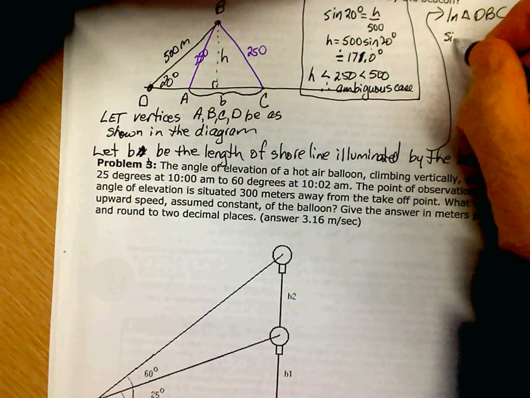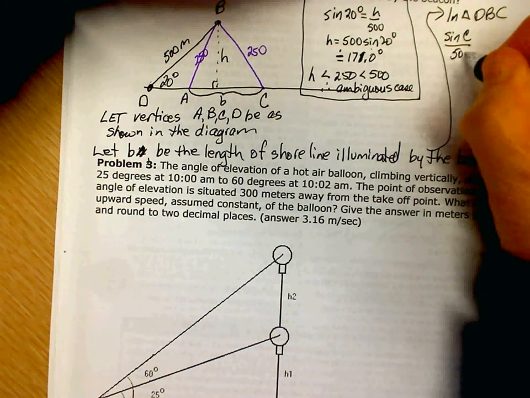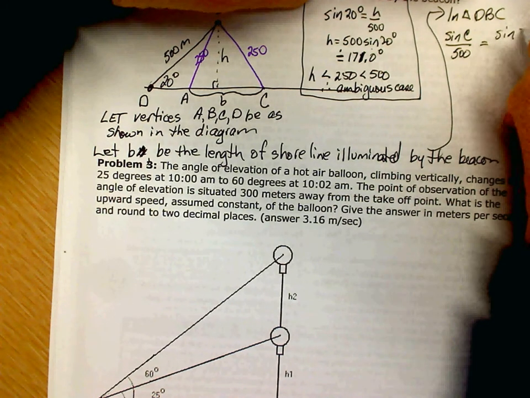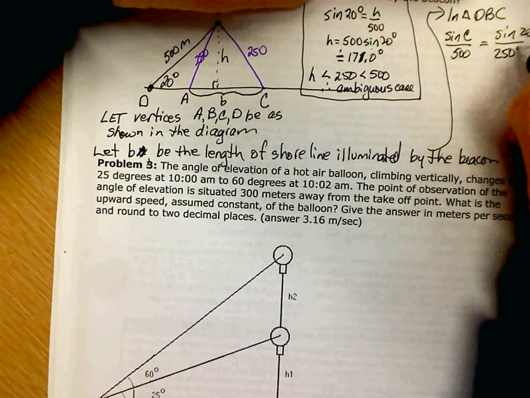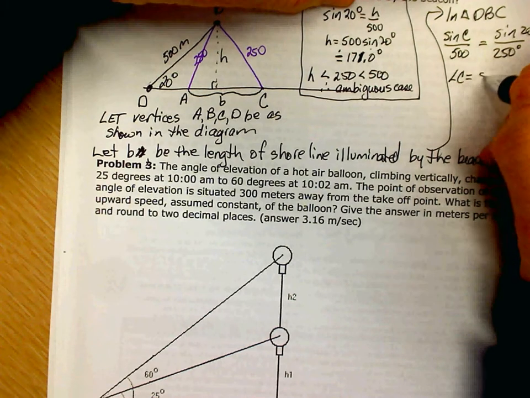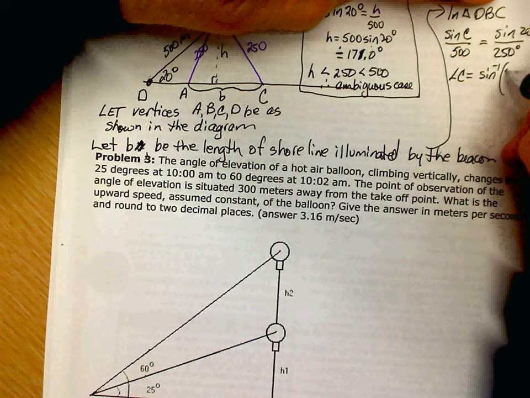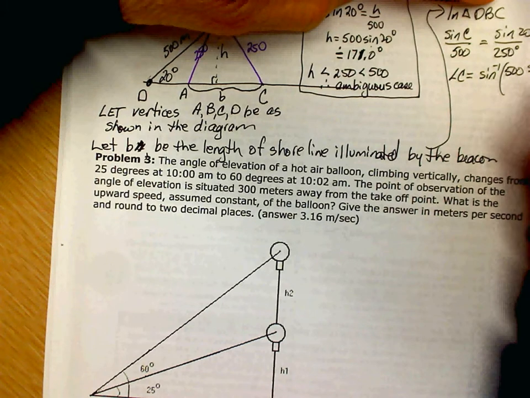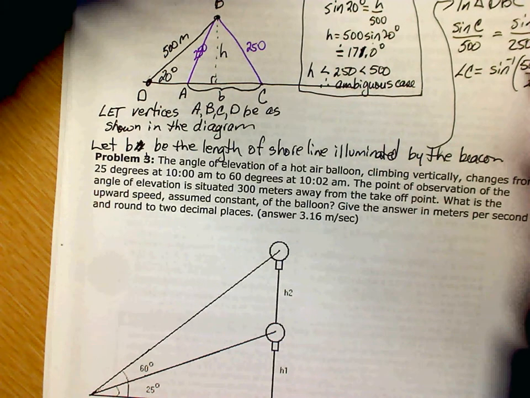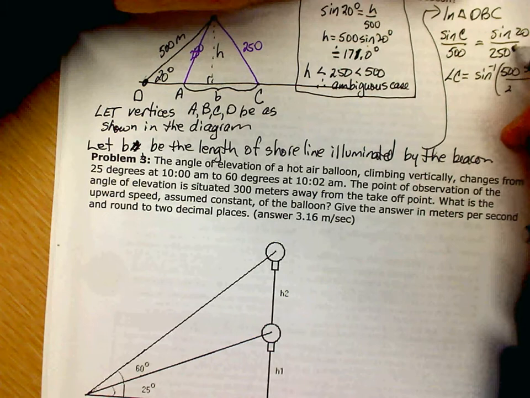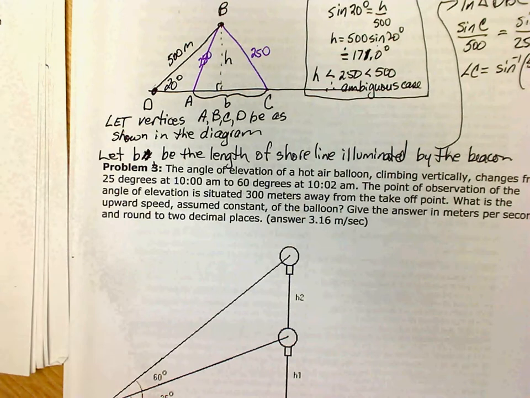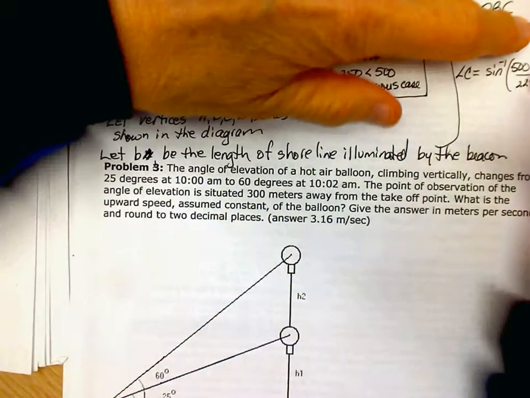Sine of C over 500 is equal to sine of 20 over 250. So angle C is inverse sine of 500 sine 20 over 250. Oh, that shouldn't be degrees, should it? No, that's not degrees, that's a measurement, right? Over 250. Uh-oh. Whiteout time.